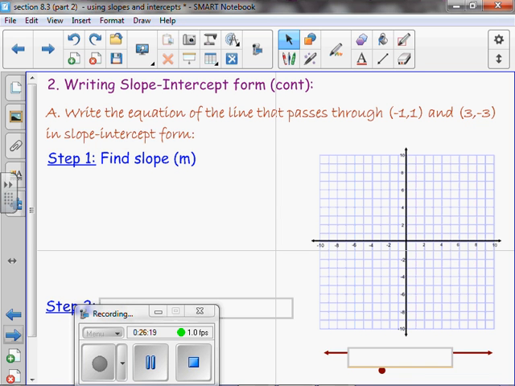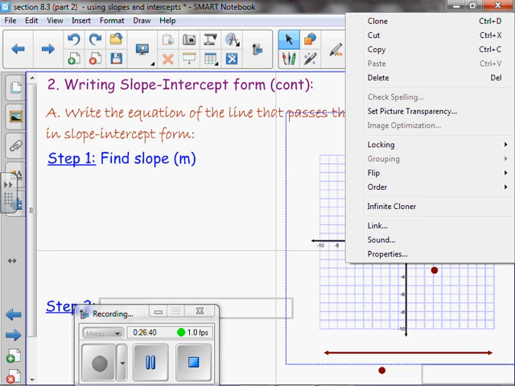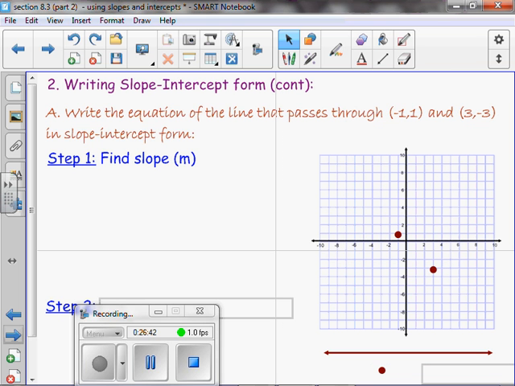We can do it the hard way, which is put the 2 points on here, negative 1, 1, which is right there, and 3, negative 3, which is right there, and then just connect them with a line.